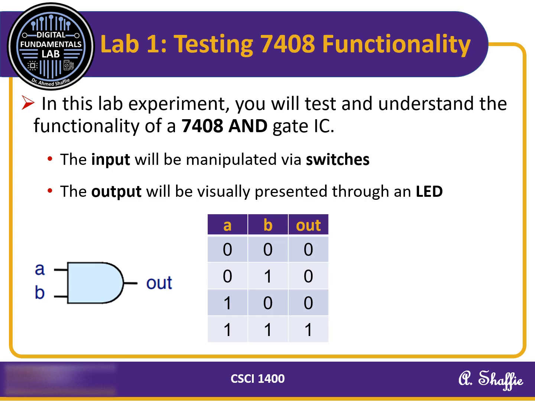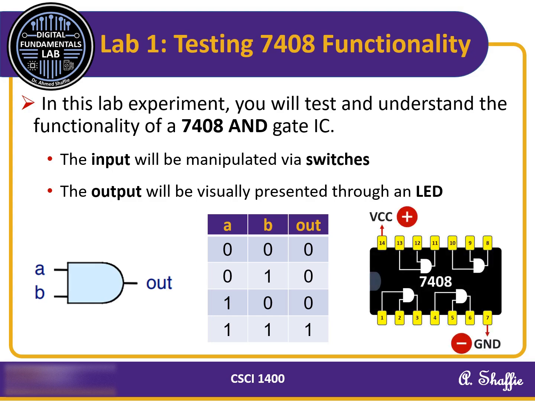However, if one or both inputs are off or 0, then the output should be 0 and the LED should stay off. I have also provided you with a data sheet for this IC to help guide you through the process. Take your time, experiment, and get comfortable with how the circuit behaves.